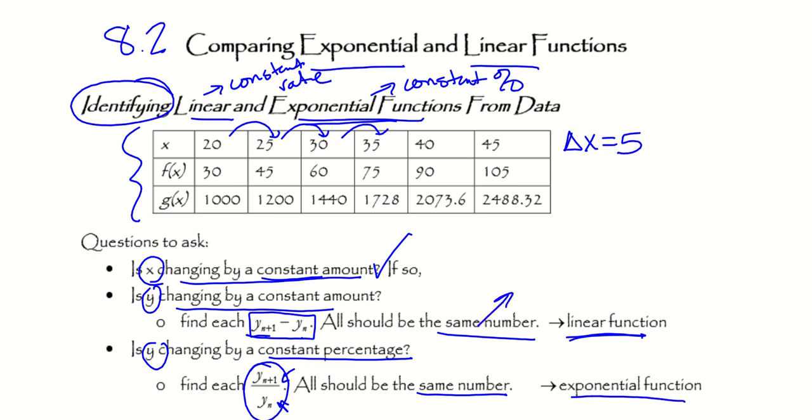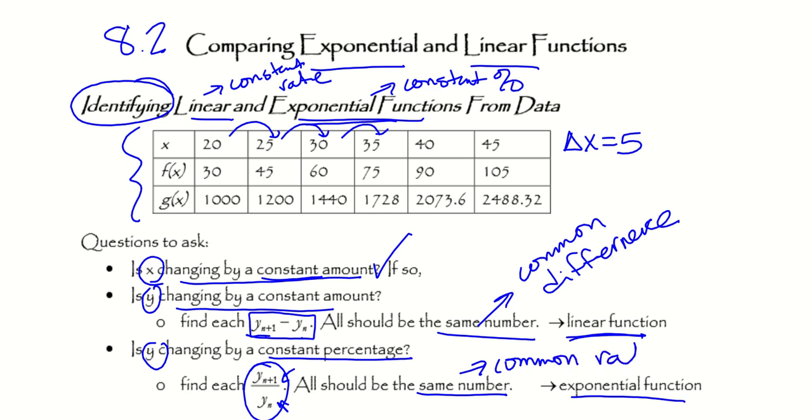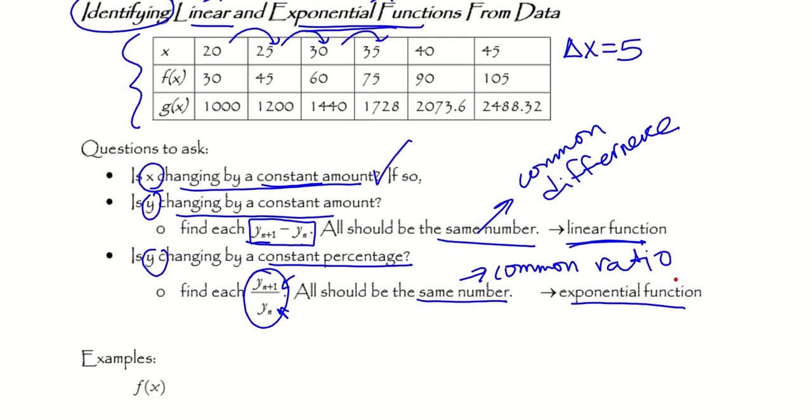The same number we get when we subtract is a common difference. That difference comes from subtracting. The same number we get when we divide is called a common ratio. A ratio comes from division. Common ratio.